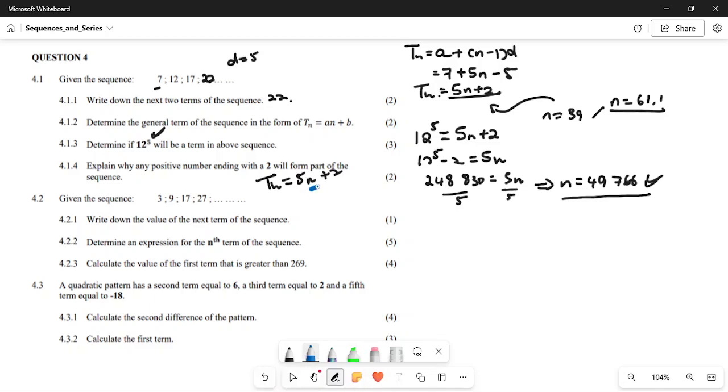Given my general nth term, the part where I have 5n, I can create any even number with that, so long as my n is greater than 0.